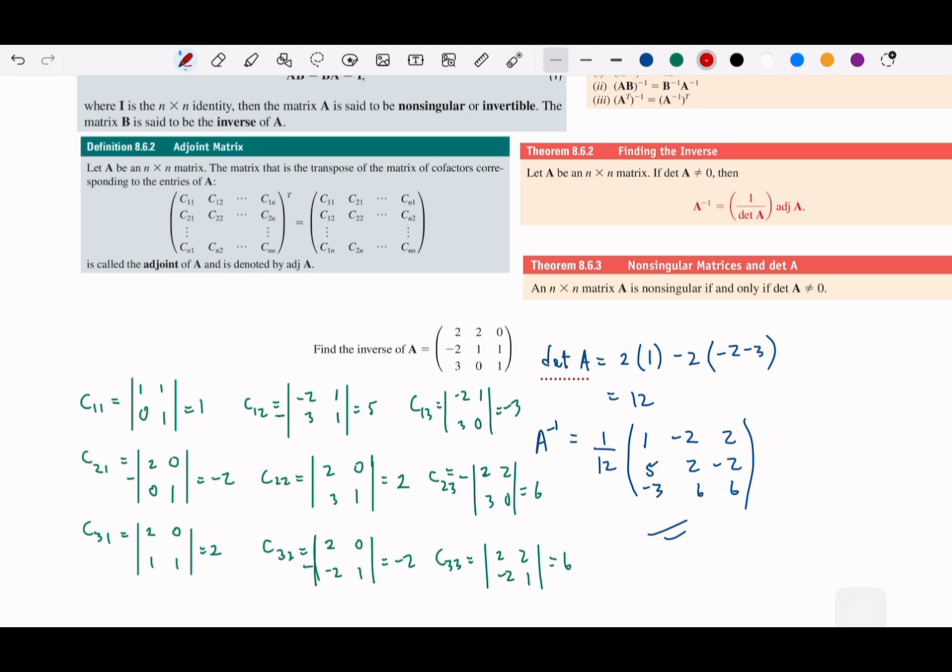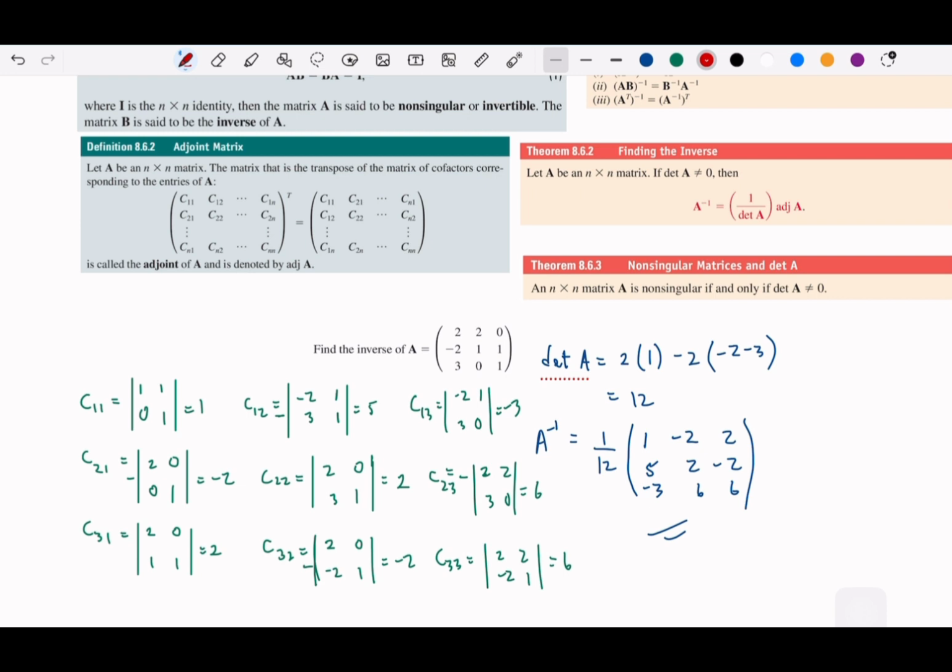So we have this method with the adjoint, which can be a little bit troublesome if we have a matrix larger than 3 by 3. You are going to find each of the cofactors, all the determinants.